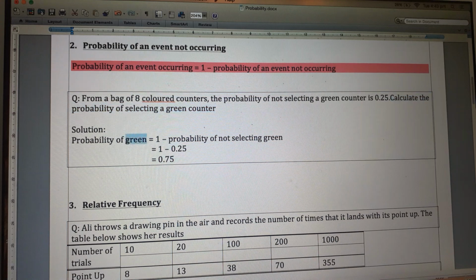So the probability for a green counter will be 1 minus the probability of not selecting a green counter, and the probability of not selecting a green counter is 0.25. So 1 minus 0.25 will give you 0.75, which is the probability of a green counter.